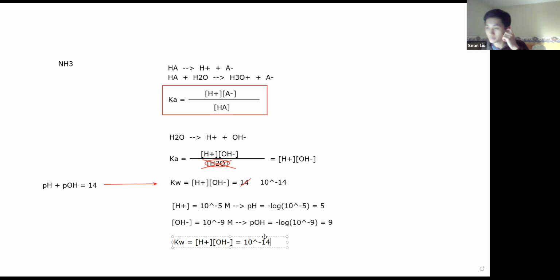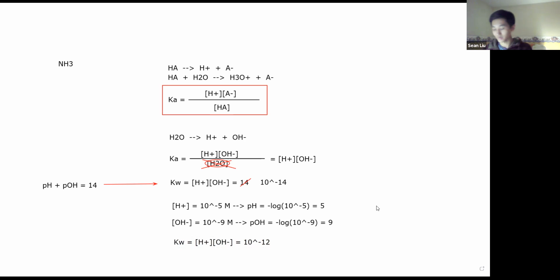So what happens when you increase temperature is actually the K increases. So now let's say I increase the temperature from 25 degrees Celsius and say now the K is 10 to the negative 12. Now I don't know what temperature would make this happen, because the relationship is way more complicated than it really appears.